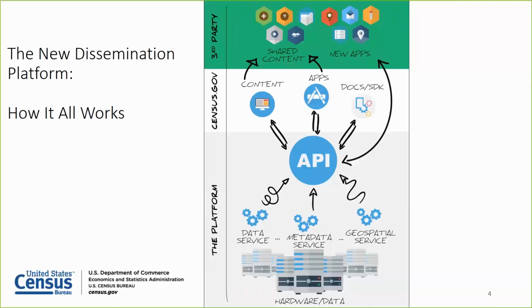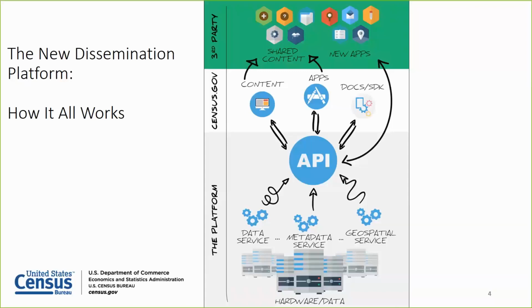Taking a look at this diagram quickly, the API is the heart of this platform. We're utilizing data, metadata, and geospatial services, and then we're releasing those data and services through census.gov, what you see on data.census.gov now, for the typical tables you're used to.